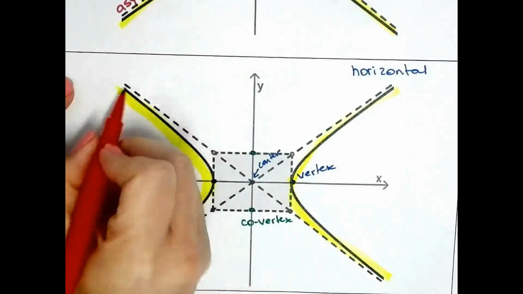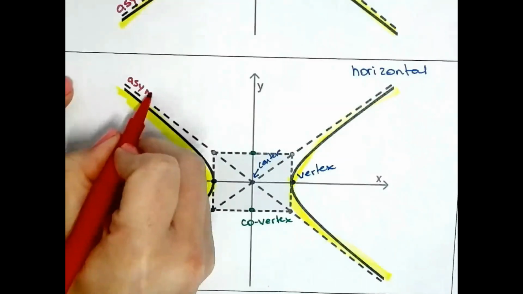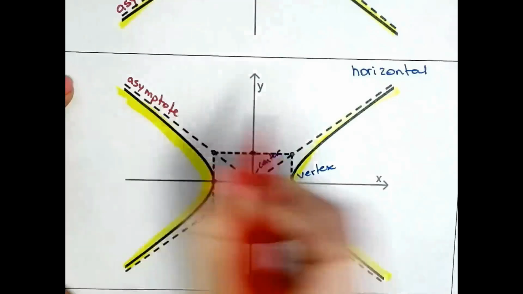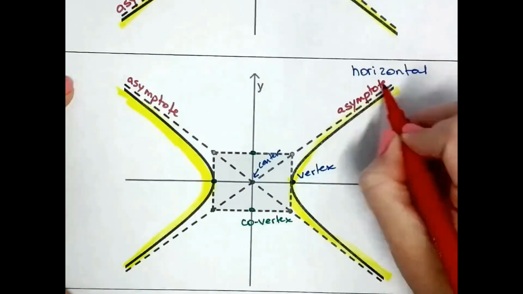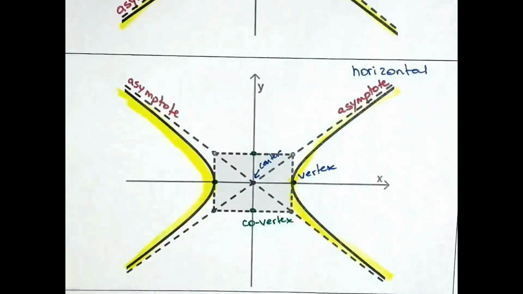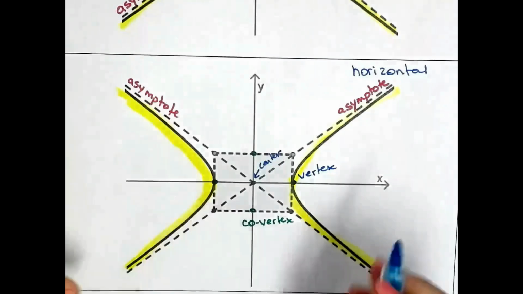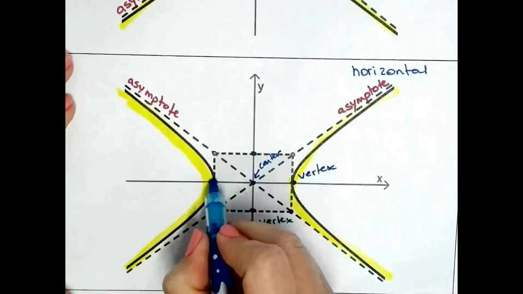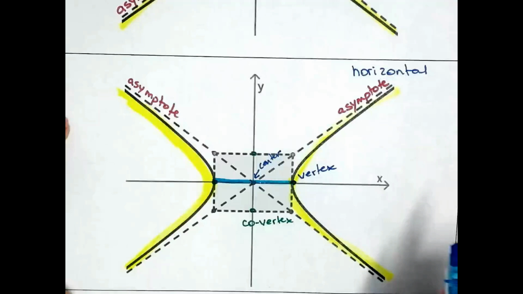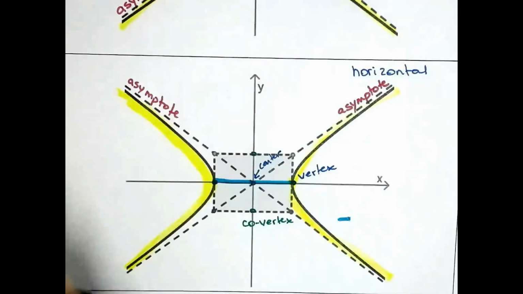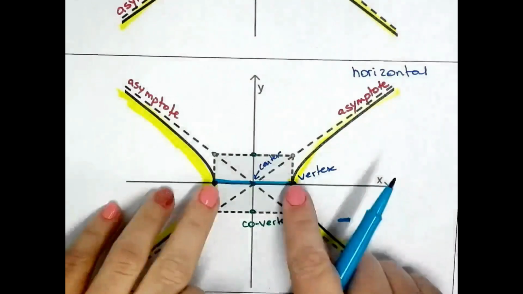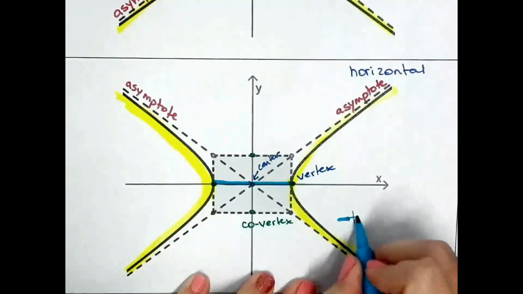Here we have our two asymptotes, with positive and negative slope. So the transverse axis goes from one vertex to the other. So right there in blue is the transverse axis.